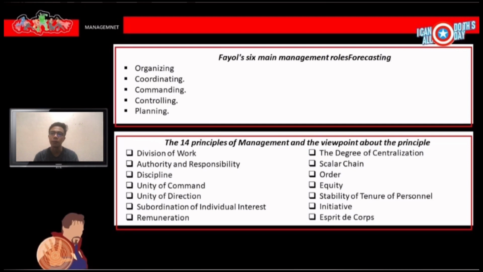The 14 principles of management in Fayol's theory are division of work, authority and responsibility, discipline, unity of command, unity of direction, subordinating individual interests, remuneration, the degree of centralization, scalar chain, order, equity, stability of tenure of personnel, initiative, and esprit de corps.